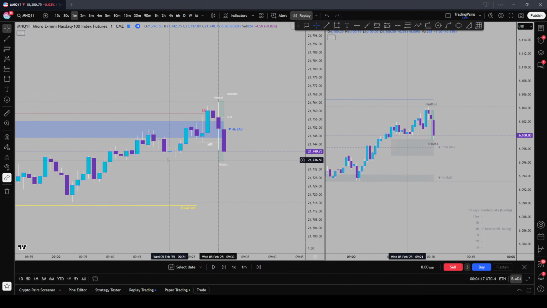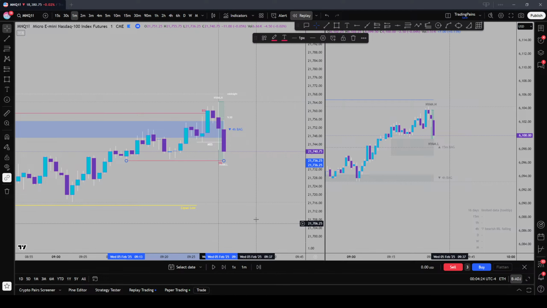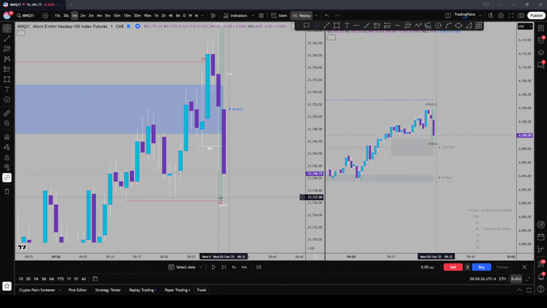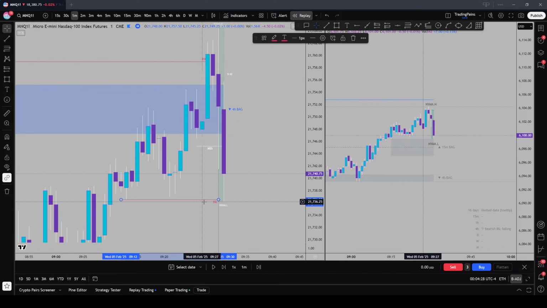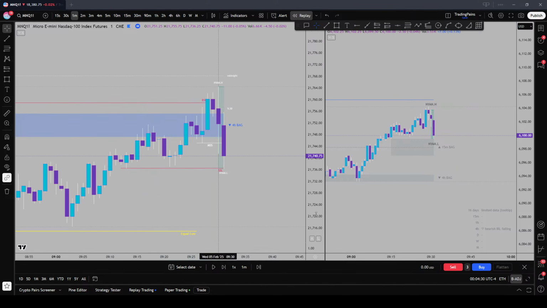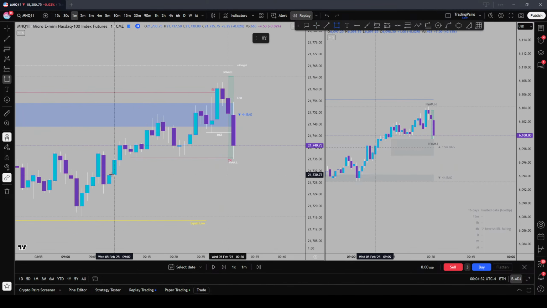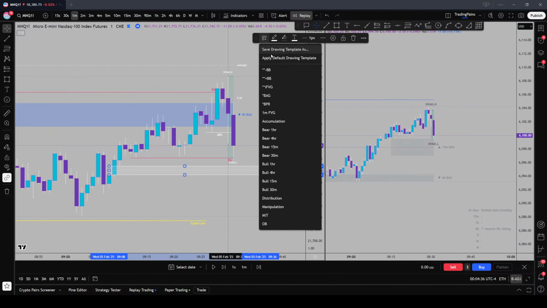And then we also had a liquidity sweep from the looks of it right here. Yep. There's a 1 minute right here that hasn't been tapped into yet, so maybe it's aiming for that.